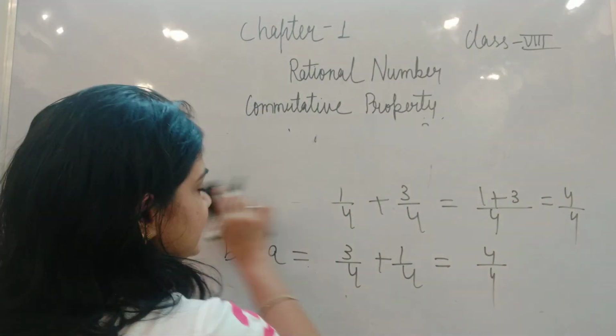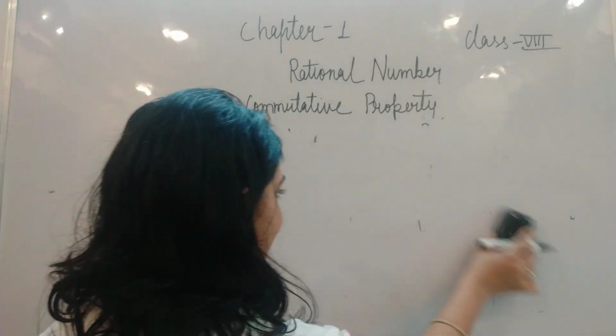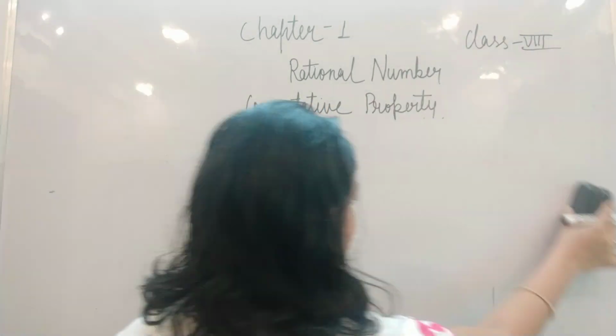Now we will discuss the commutative property of subtraction for rational numbers.